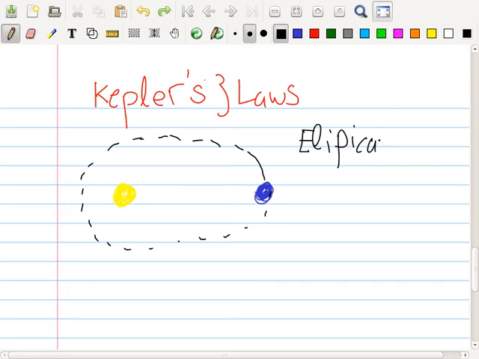You spelled it wrong. I know I did. Hang on, let me check your worksheet. Just E double L and then E double L, I P T I C A L. Elliptical.